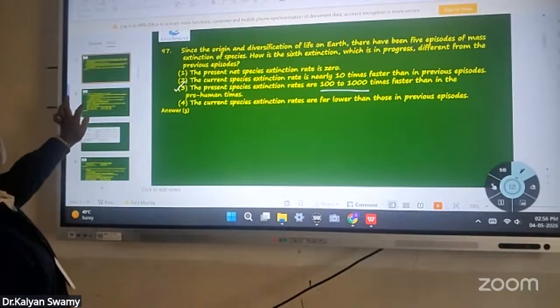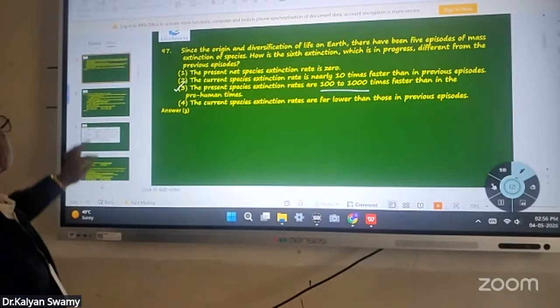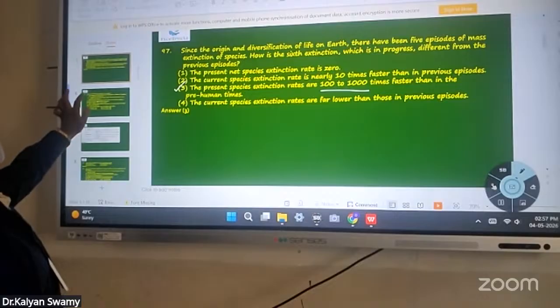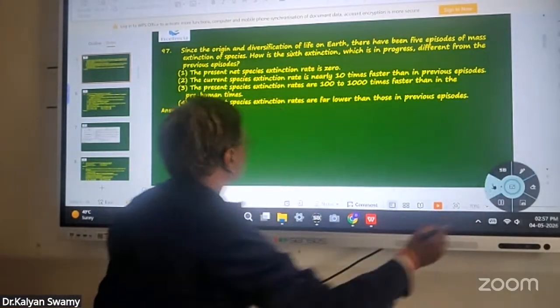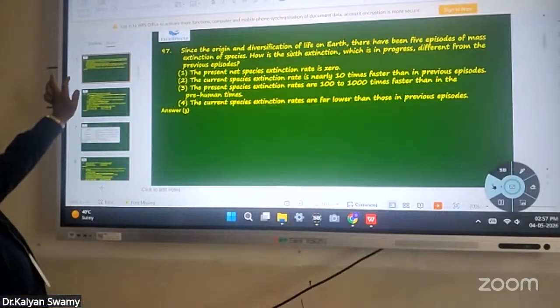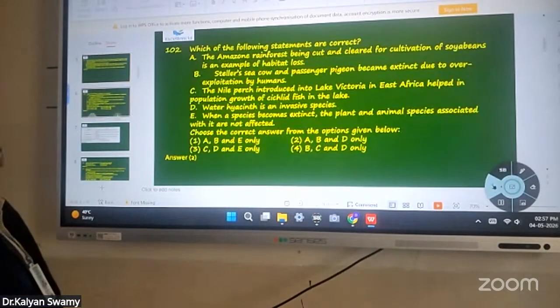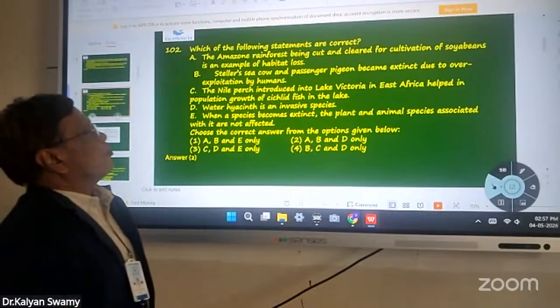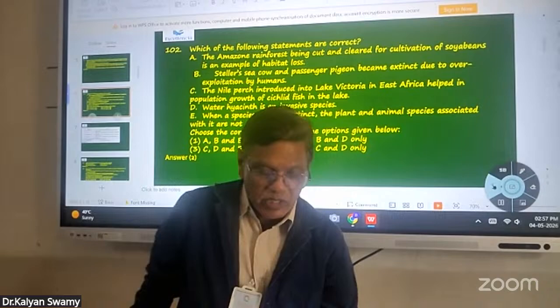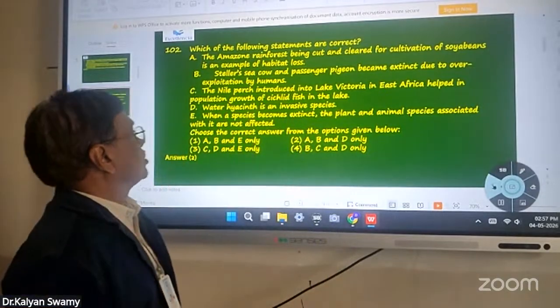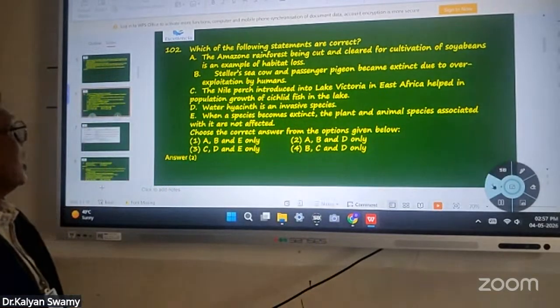Then coming to the next question. The Amazon rainforest. This is a question related to biodiversity. What are the consequences of loss of biodiversity?